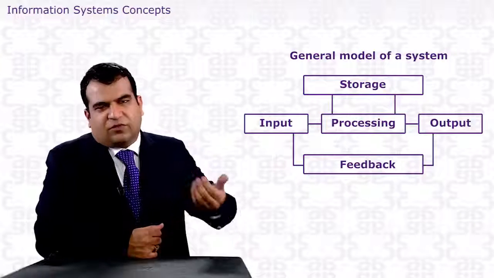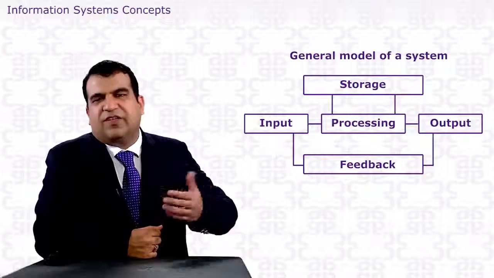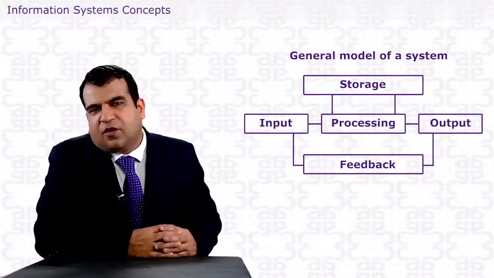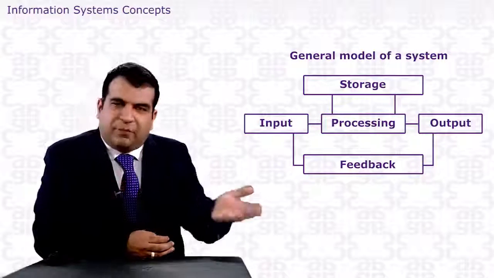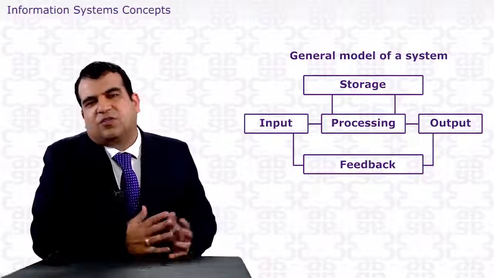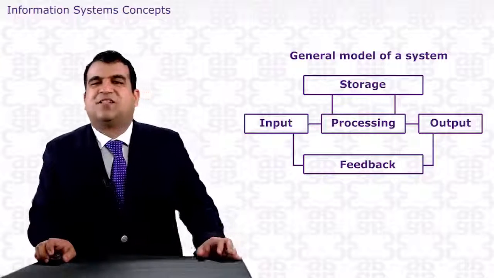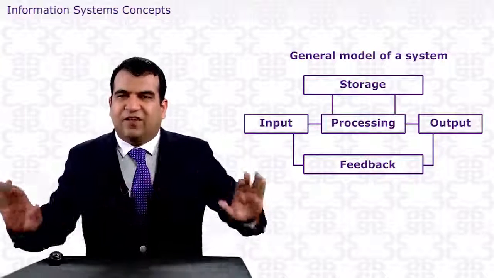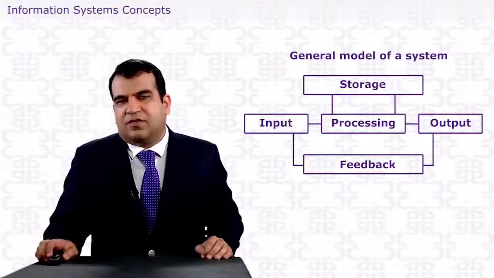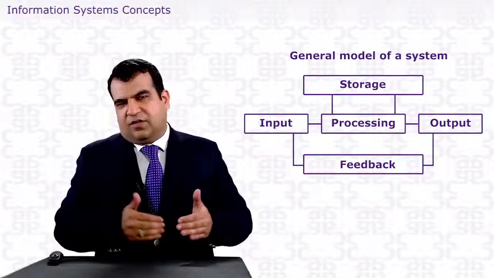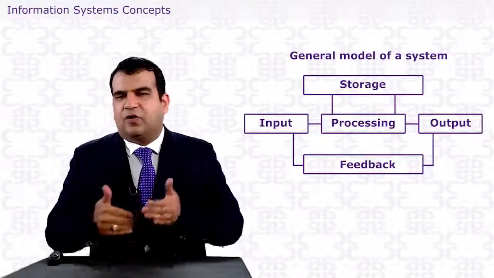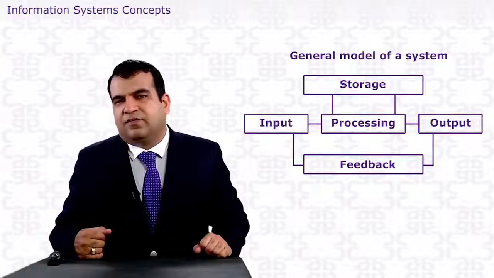Storage means the data or information is stored in different forms, and whenever an output has an impact on the input, that is known as feedback. So these 5 terms explain what is known as a general model of a system: inputs, processing, output, storage and feedback.